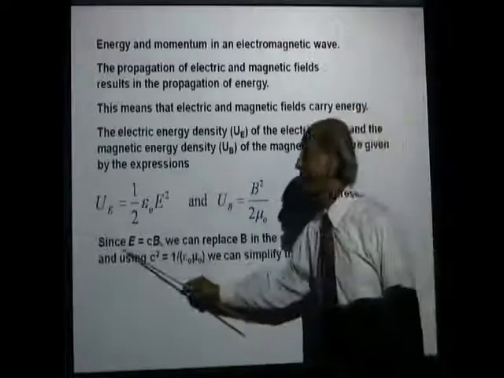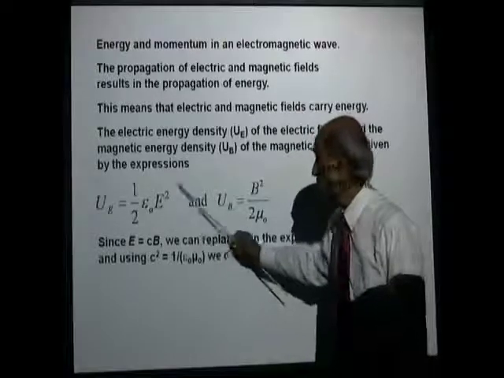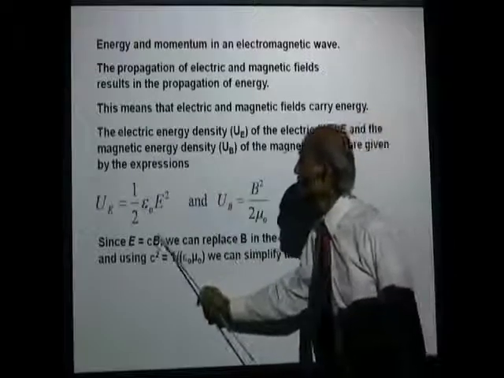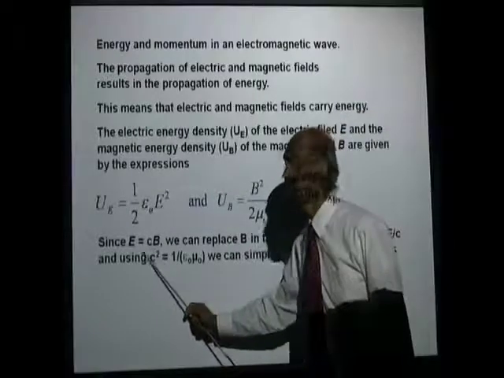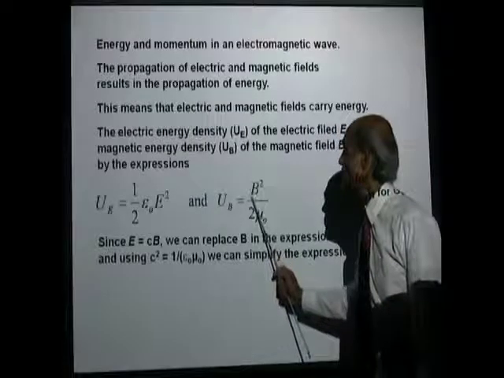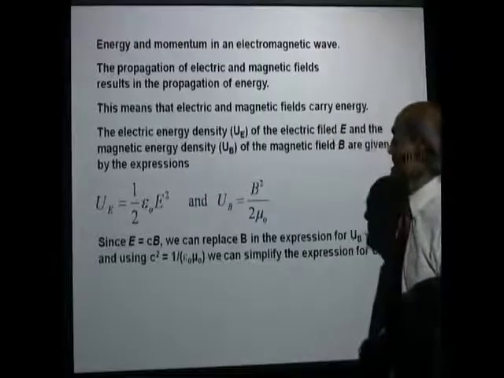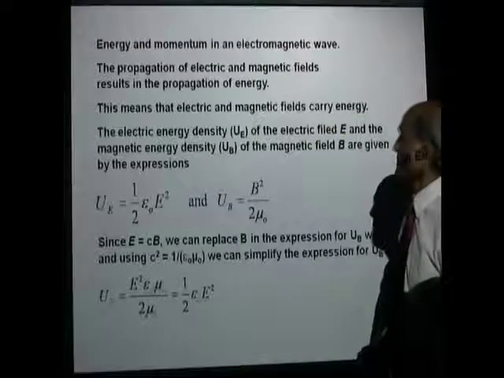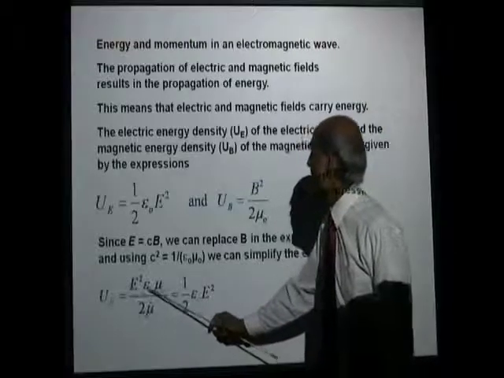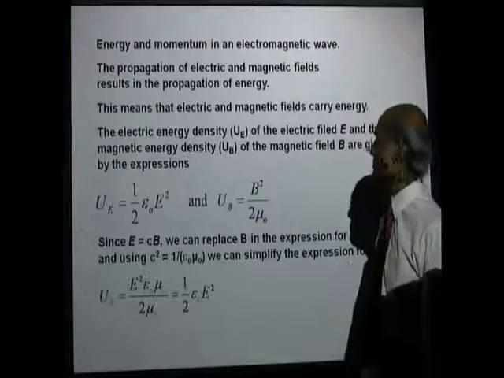Now, since E equal to CB, remember that? We can actually modify these equations. Suppose we replace our B by E divided by C here. Can you do that? Replace this B by E divided by C. What will that become? U sub B becomes E squared epsilon naught mu 0 over 2 mu 0.